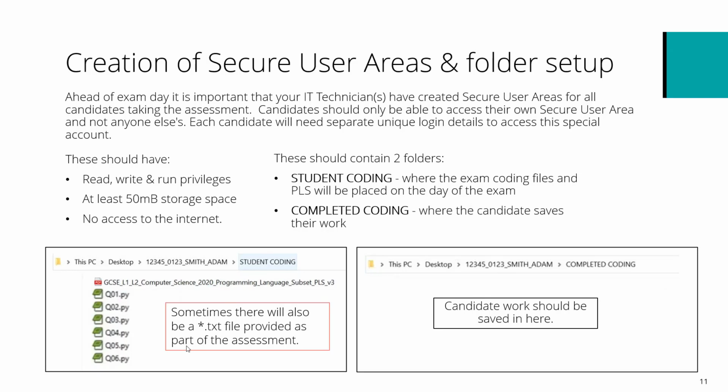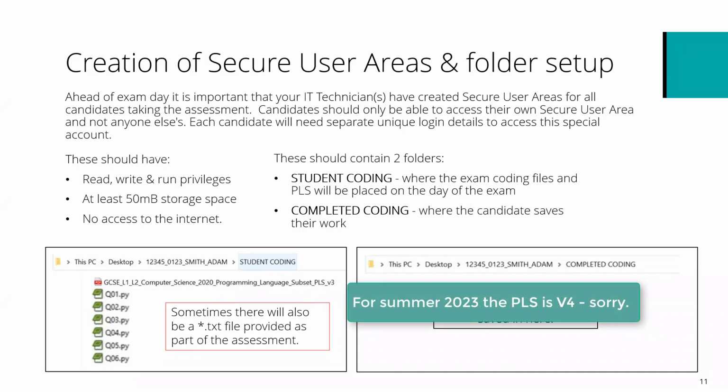So on the left-hand side of this slide, you'll see what a typical seed code file that we would send you would look like. There would definitely be a question 1 to 6.py. At the moment, these little icons just show that it's a text file. And also our PLS. This V3, it's now, I believe, it might be V5, I think is the live PLS, V5.